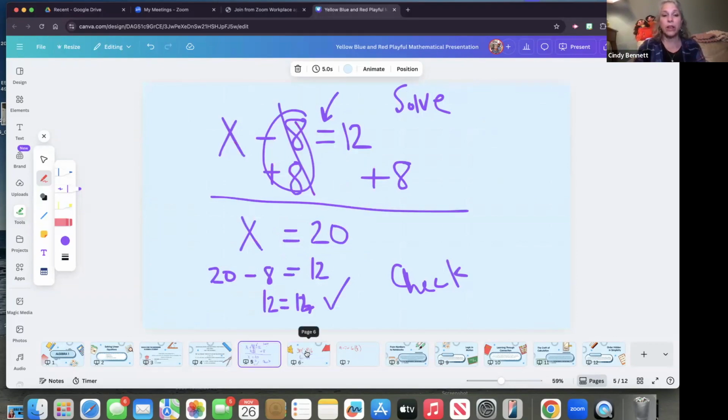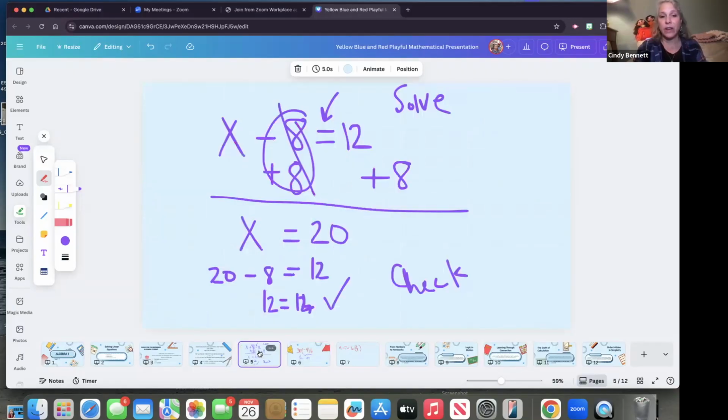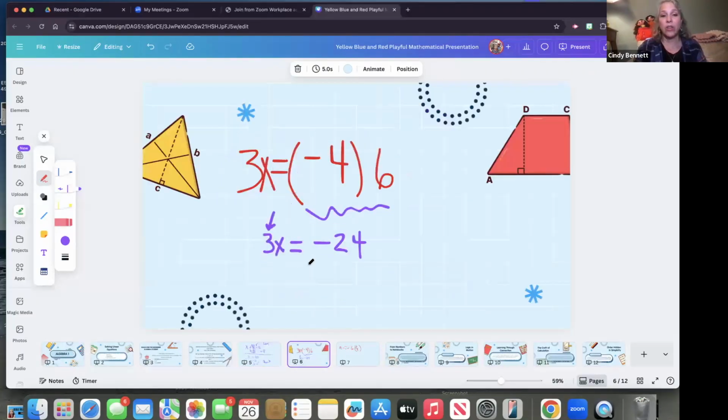And when you're multiplying, you want to multiply by something to make 1, okay? This is called the additive inverse, -8 and 8. And this is called the multiplicative inverse. The multiplicative inverse of 3 is 1/3.